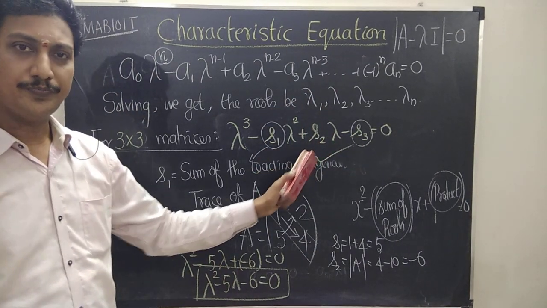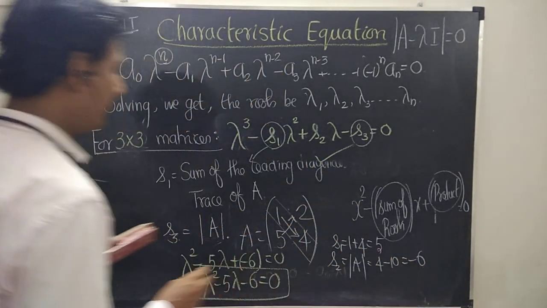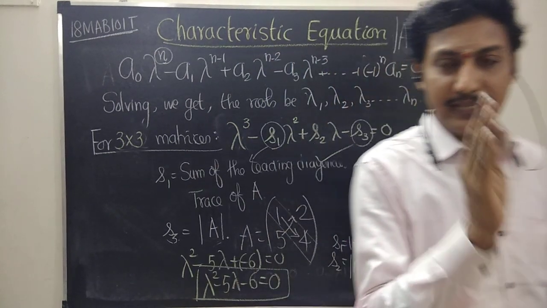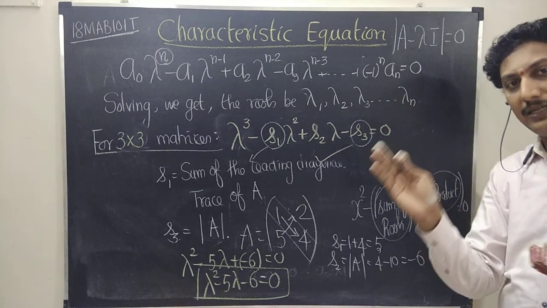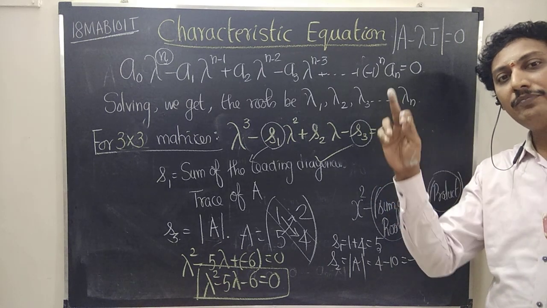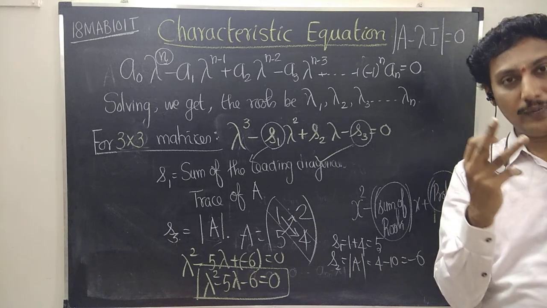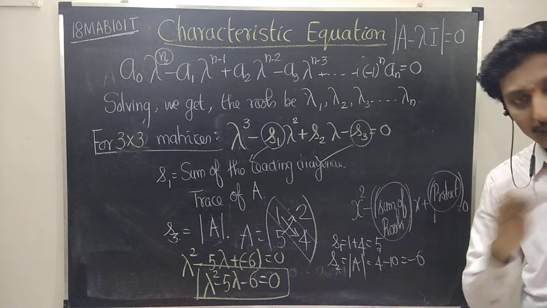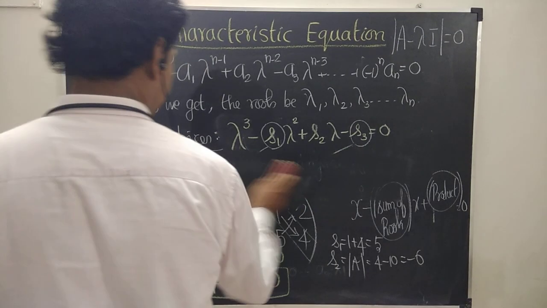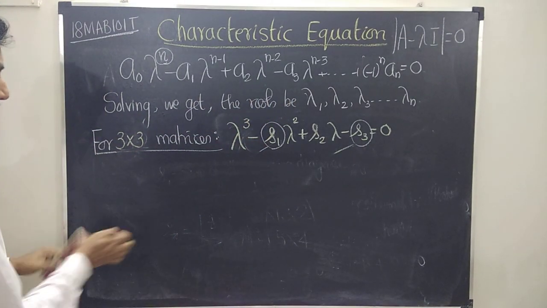What about S2? You see, this is a 3 cross 3 matrix. S1 is the sum of the diagonals. S2 is called the sum of the minors of the matrix, 2 by 2 matrices through the leading diagonals. Let us see what S2 is.